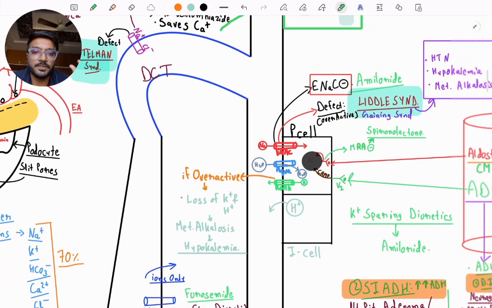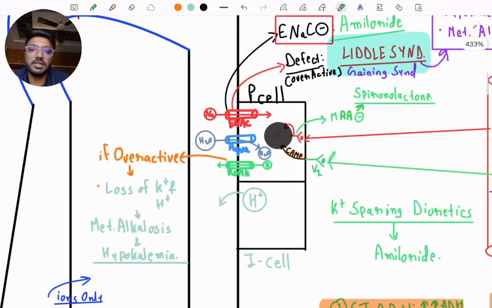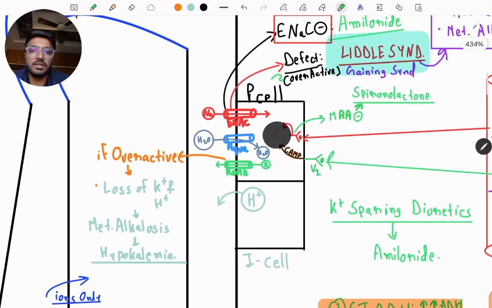Moving forward, defects in our DCT, distal convoluted tubule. Now in the principal cells we have channels called epithelial sodium channels. We have aquaporins and we have renal outer medullary potassium channels.